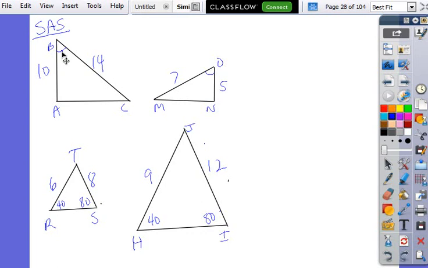So here, which one do I start with? The second triangle. So that's going to be 5 over 10. That's 1/2. 7 over 14. That's 1/2, with the scale factor of 1/2. So, angle's in the right spot. The fractions work for the sides. So side angle side works, and my scale factor is 1/2.